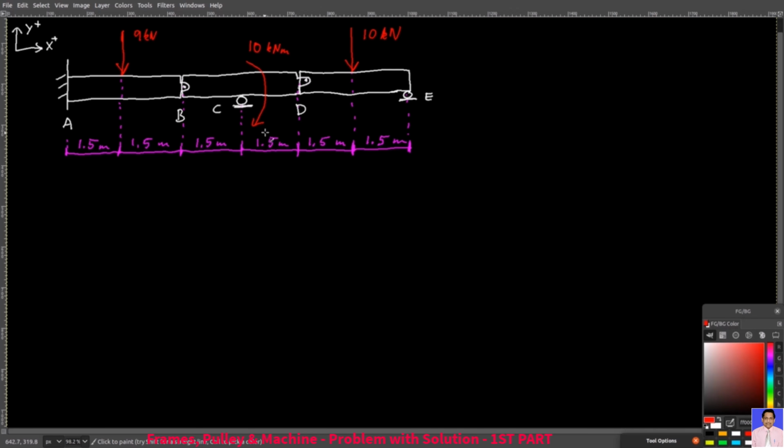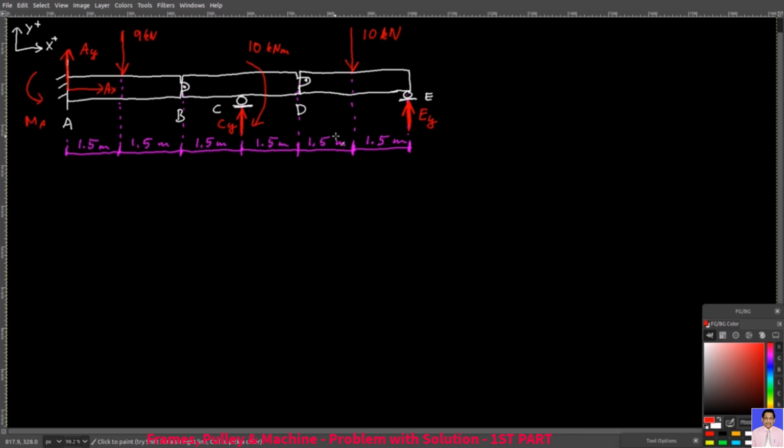Besides the 2 external forces and 1 external moment, you also have AX, AY, and MA, and then CY and EY. The 2 roller supports give you 2 vertical forces at C and E. The fixed support at A gives you AX, AY, and MA. But now we have a problem.